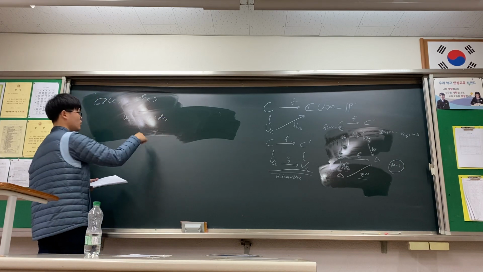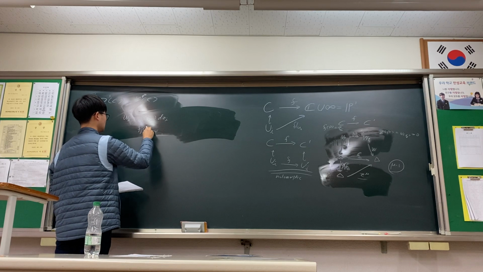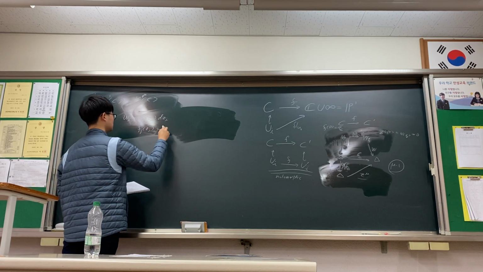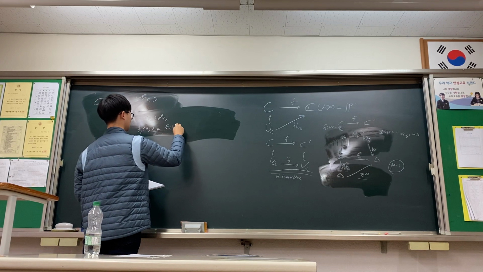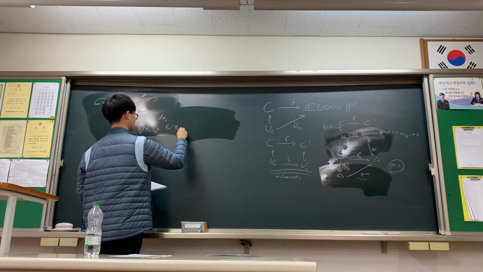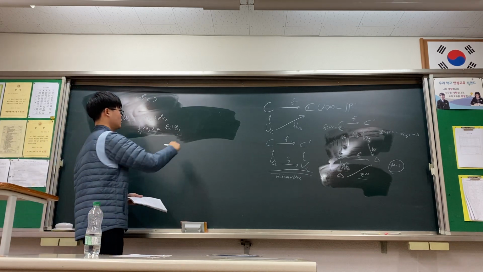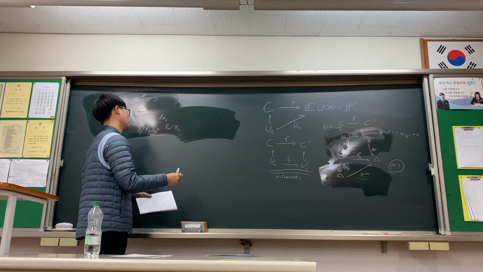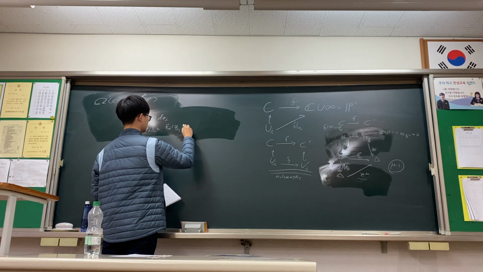On the overlap, it should satisfy this equation: ωj should equal fi times ωi. So cij is the biholomorphism on the overlap from j to i.